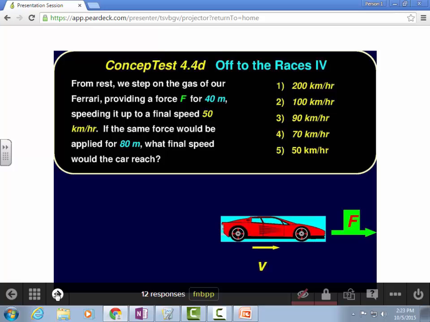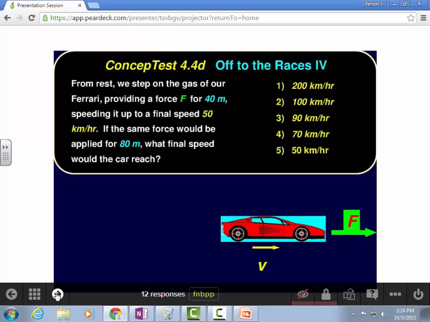What's delta x2? 80. What's delta x1? 40. Notice what happens to these: the F over M cancel. So this is equal to 2, which equals V2 over V1 squared. Therefore V2 is equal to root 2 V1.